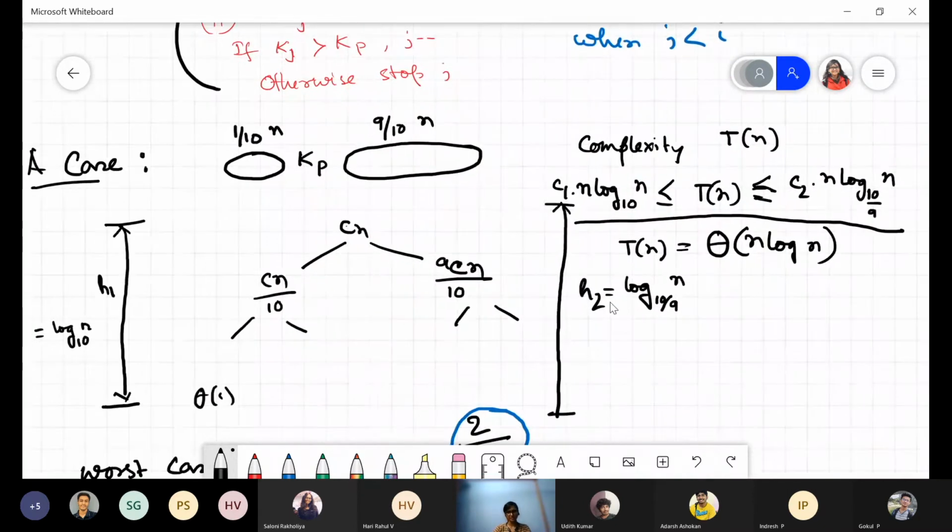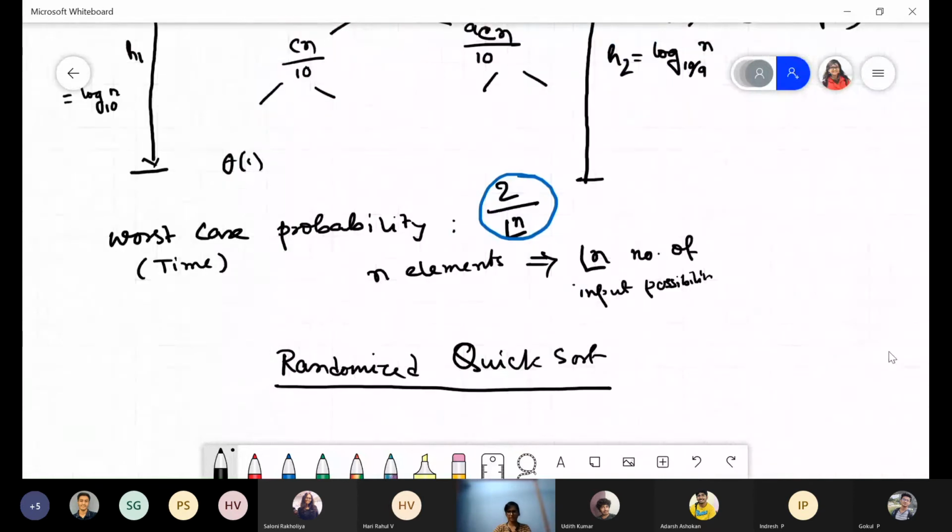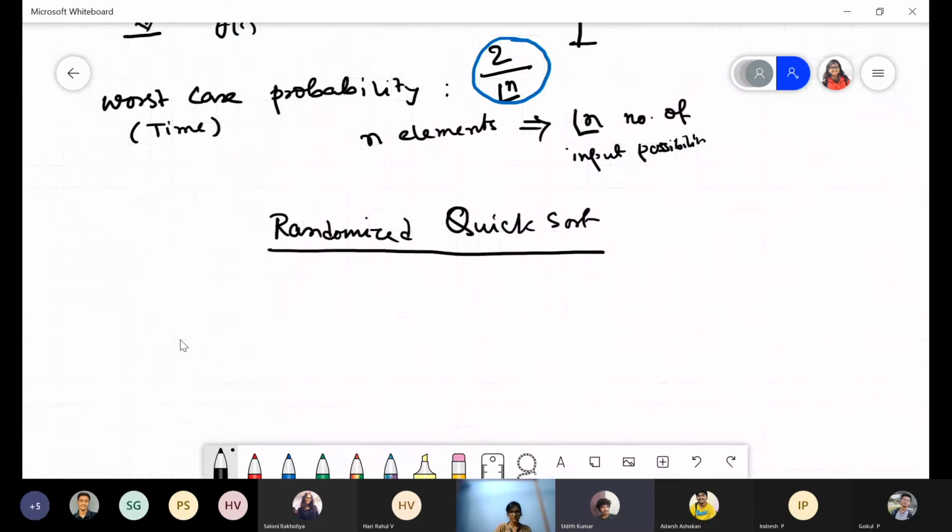In practical cases, if you remember, some variant of the default sorting technique is mostly one version of randomized quicksort, and in every case it is mostly quicksort only. Okay, so this is the reason.